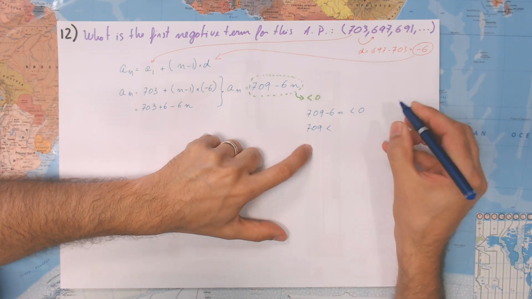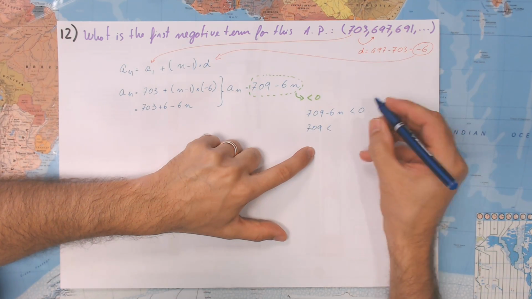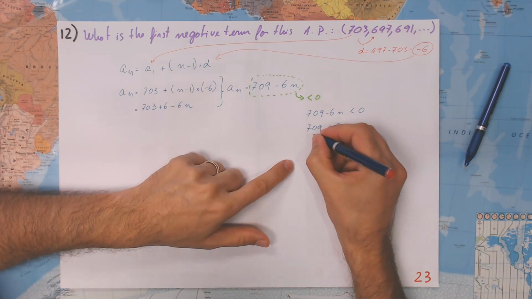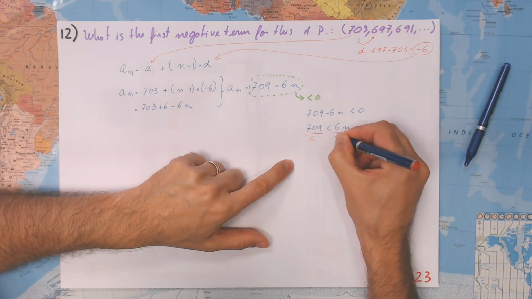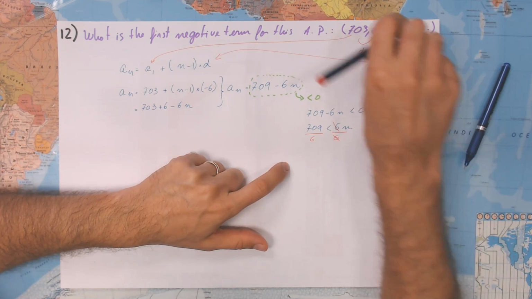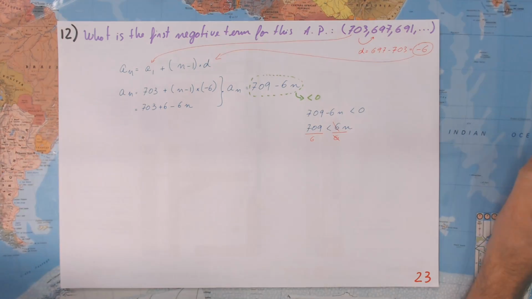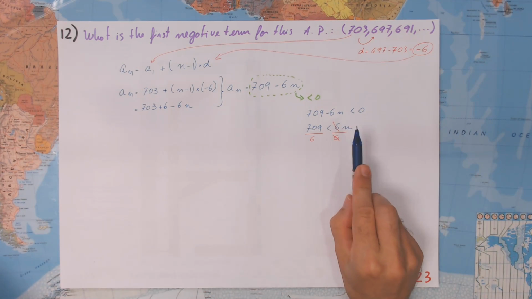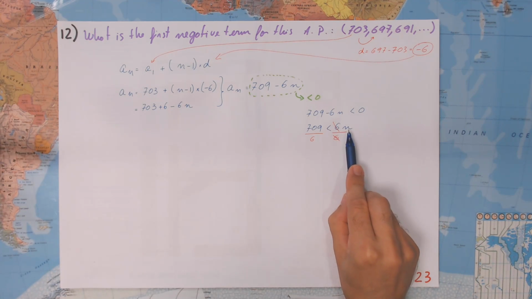709 smaller than 6n. Now I am going to divide by 6. And 709 divided by 6. Well, one thing I already know, it is not going to be divisible, I mean, we are not going to have an integer. Why?